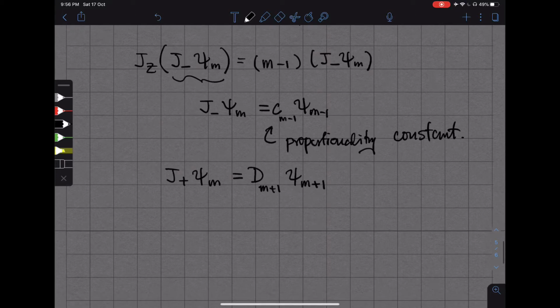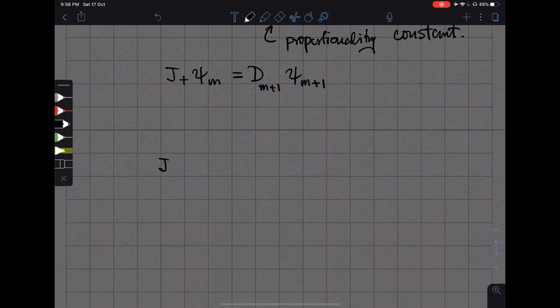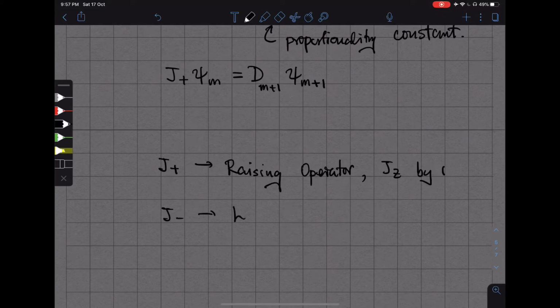So because of these relationships, we can have the interpretation that J plus is going to be called the raising operator, because it raises the Jz eigenvalue by 1, and J minus is called the lowering operator because it lowers the Jz eigenvalue by 1. Together, these operators are called ladder operators.